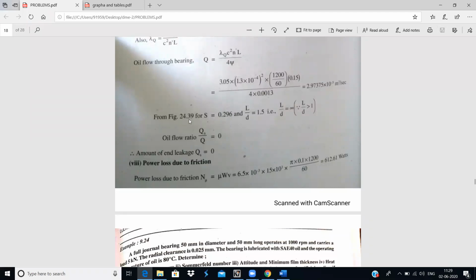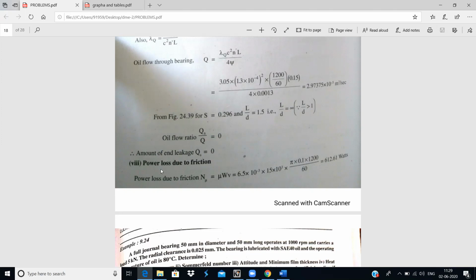Here again the x-axis is S and the curve is the 1.5 curve. By using these two, we get on the y-axis Qs by Q equal to 0. If you cross multiply, anything multiplied by 0 gives Qs equal to 0. That indicates there is no leakage in the bearing.